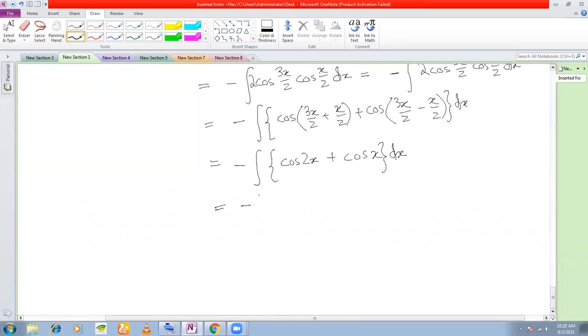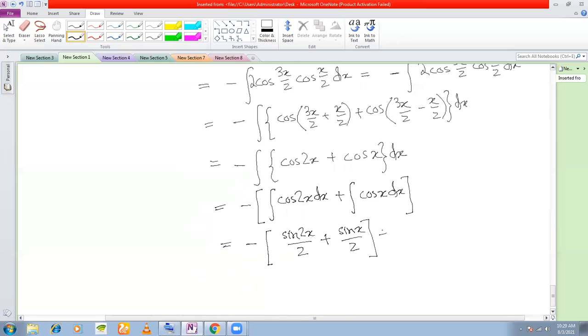So you get minus integral cos 2x dx plus integral cos x dx, which is equal to minus integral cos 2x dx is sin 2x by 2, and integral cos x is sin x, plus c. Oh, this is not divided by 2, this is simply sin x. Okay, and that is your answer.